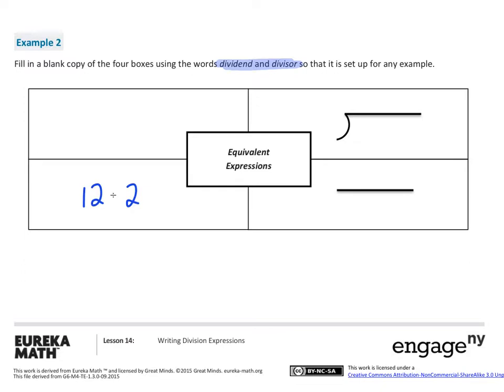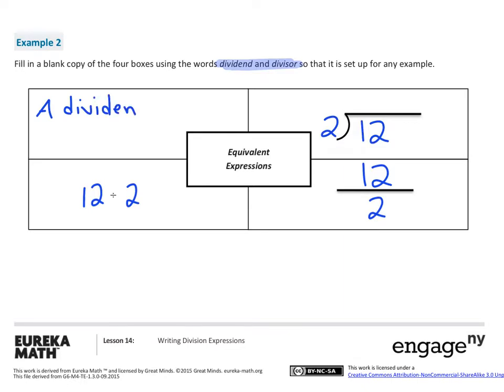Okay, so on the fraction form, you'd put the 12 on top, the 2 here, and you have 12 halves, which of course will just be 6. Just like 12 divided by 2 is 6. In the one with the bracket, I just call it a bracket. I'm not sure if that's a technical name. The dividend goes inside and the divisor goes outside, 12 divided by 2. So in word form, you would say a dividend, and you might say it a little different than me. This is just the way I understand it.